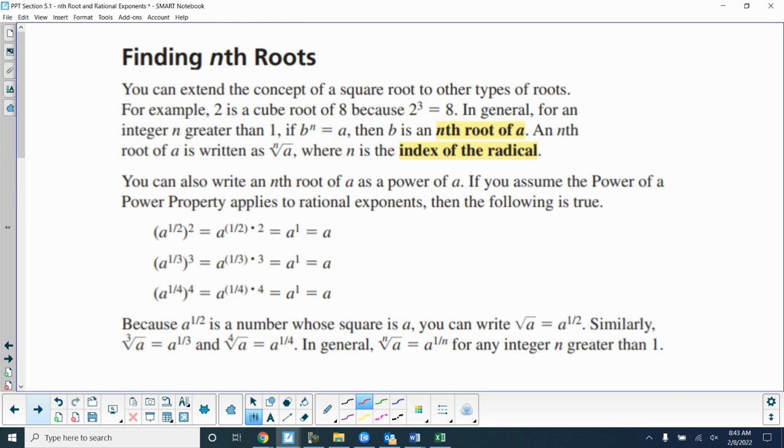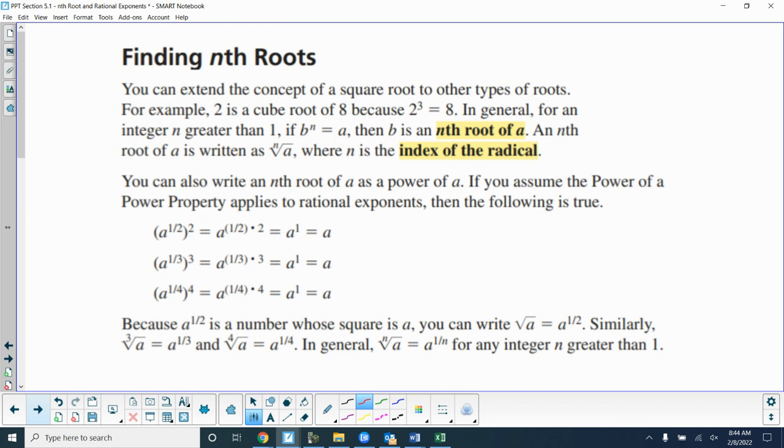So that's why it comes out to be a. This is like cube root. So a to the 1/3 cubed, all I'm doing is multiplying 1/3 times 3, which is also a. Or the cube root of something cubed is itself, right? Same thing here. a to the 1/4 power raised to the 4th power means I multiply the exponents, which I get 1 again. That's like the 4th root of a to the 4th power is itself.